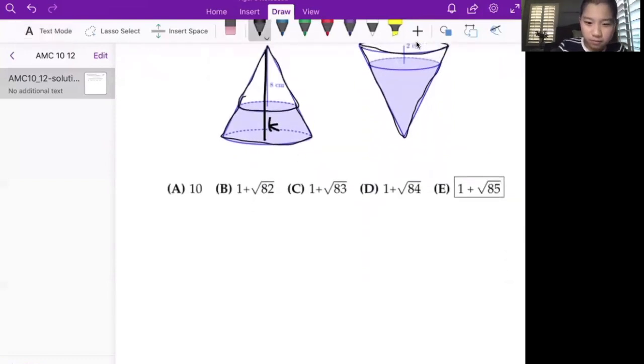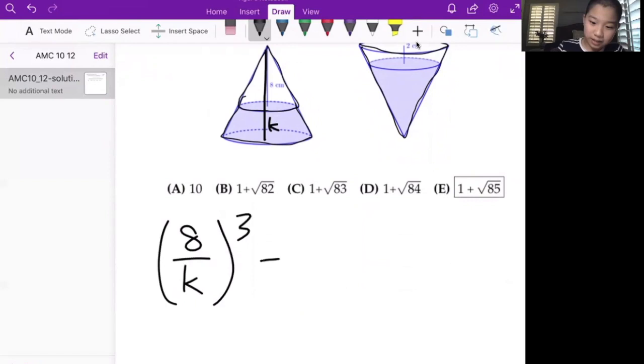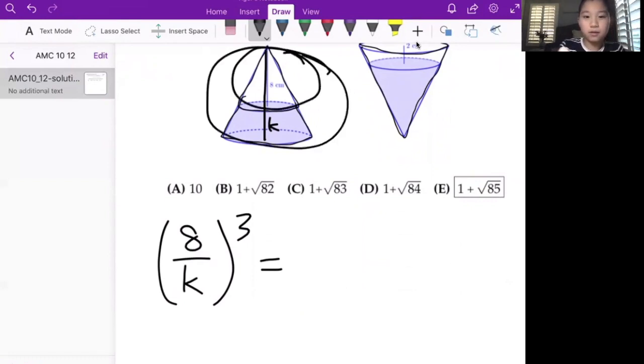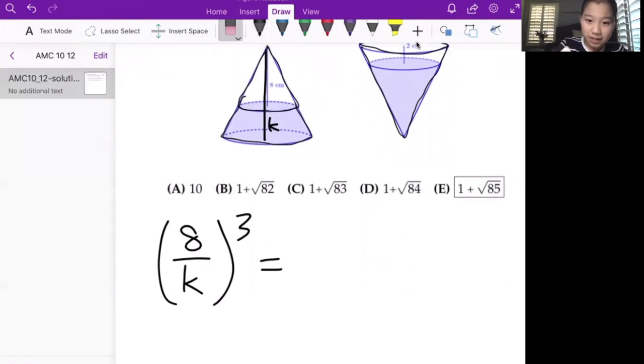So 8 centimeters over K centimeters cubed is equal to the ratio of the volumes of this versus this. So let's write that down. The ratio of the volumes of top vs all.